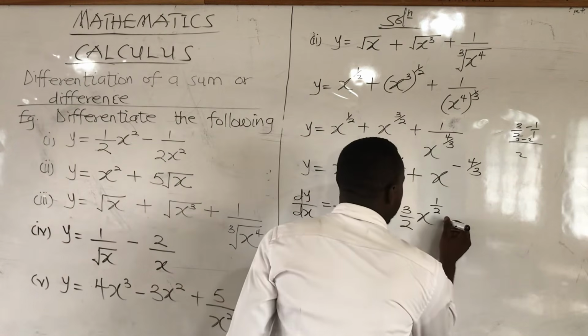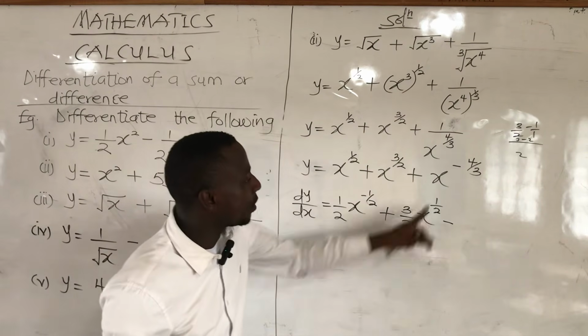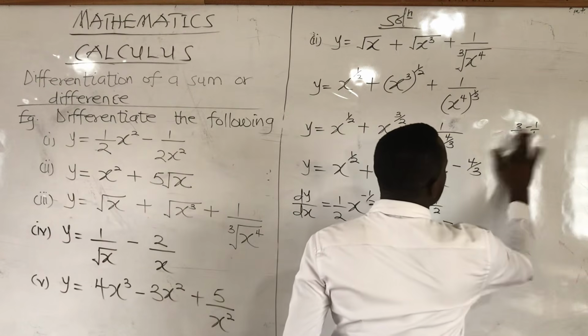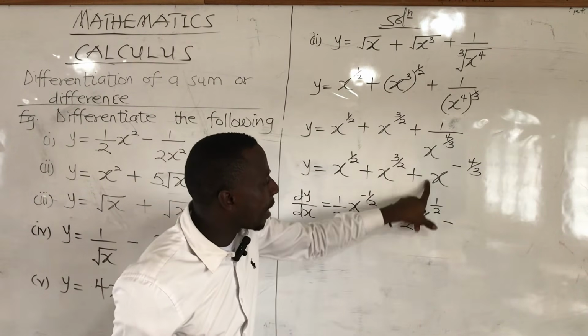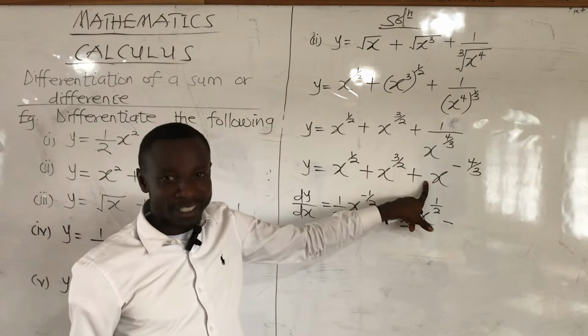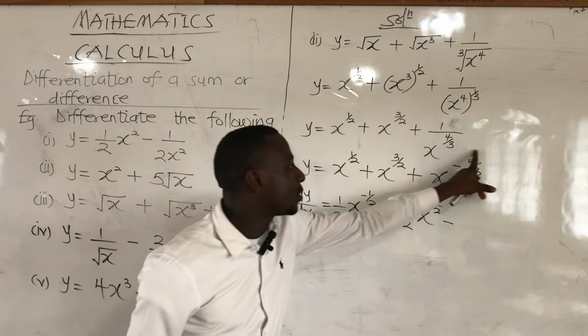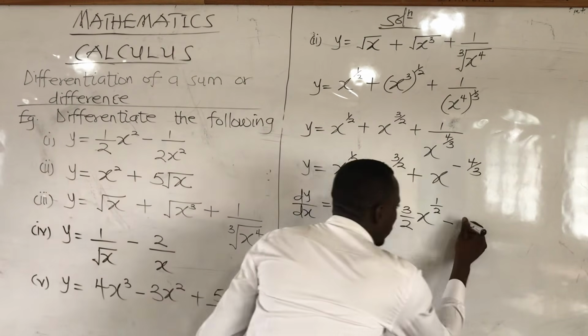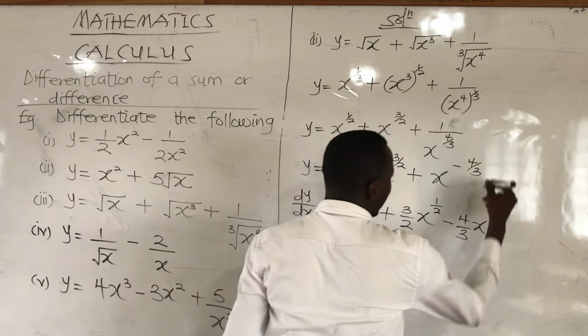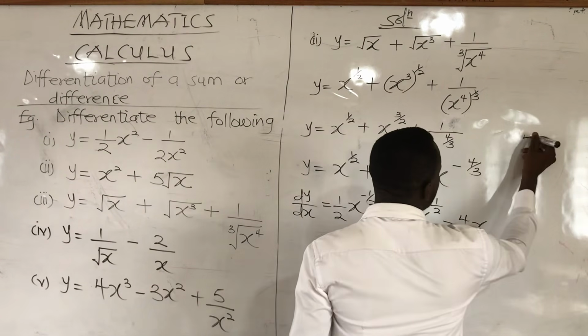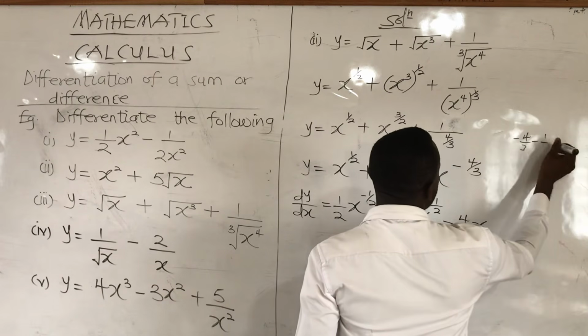All right. Minus, because the whole negative 4 over 3 is multiplying the coefficient of x here, which is 1. So minus 4 over 3 times 1, we are going to have minus 4 over 3. X, then subtract 1 here.